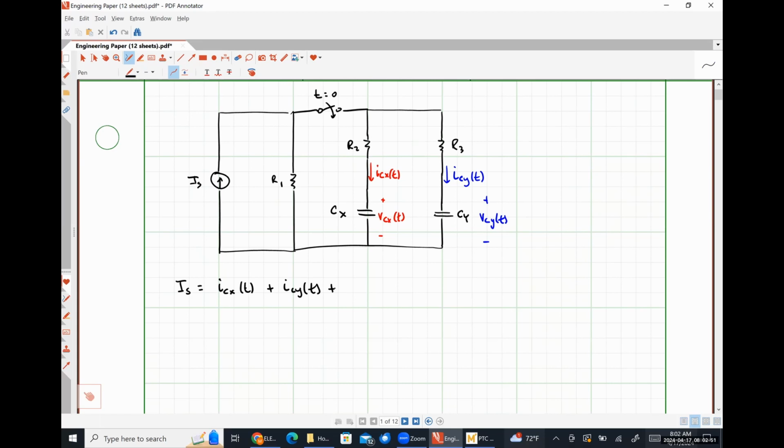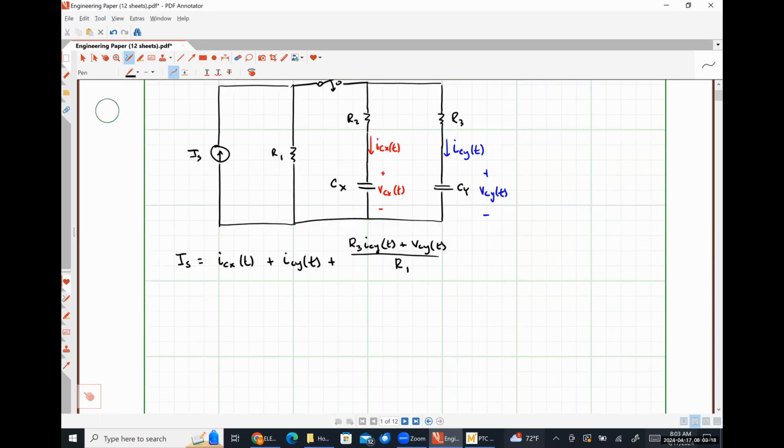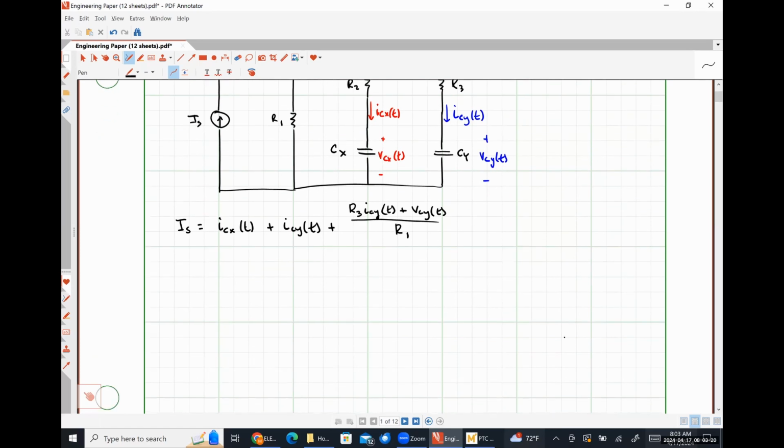Did I express that in terms of ICY? Okay. So let's see, the total voltage drop, because all of these three branches are in parallel, would be R3 ICY plus VCY all over R1.